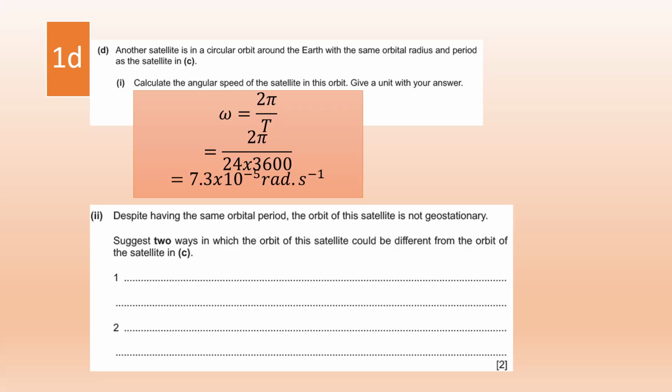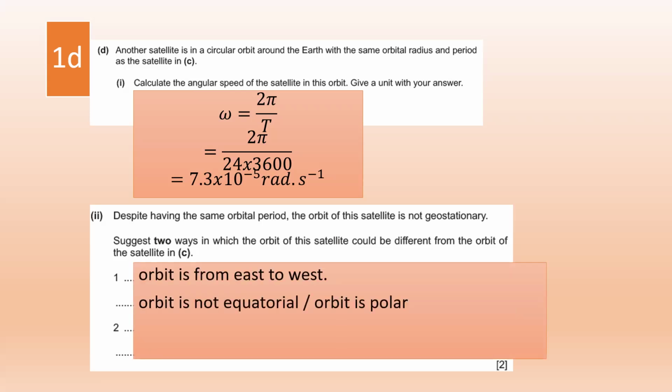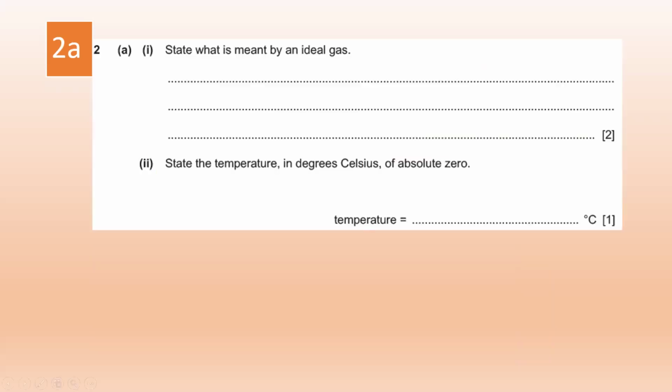Okay, 1 point. Not from the same direction: instead of from west to east, it's going from east to west. Not equatorial or the orbit is polar.